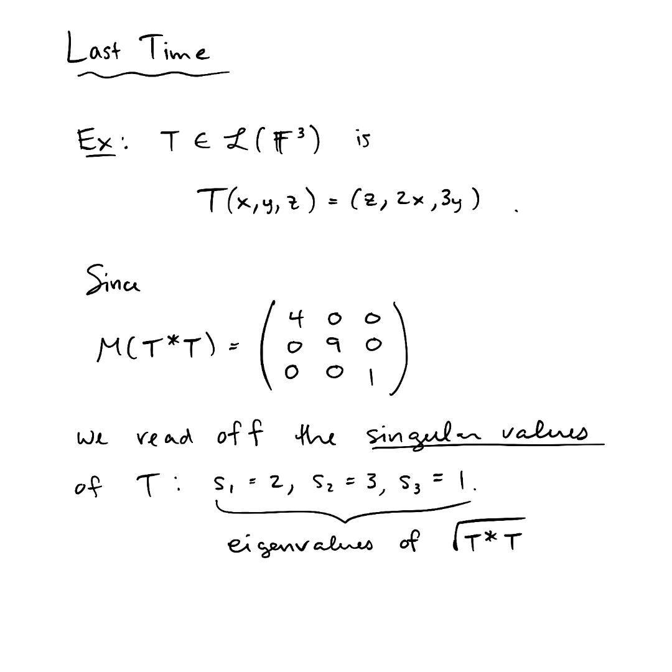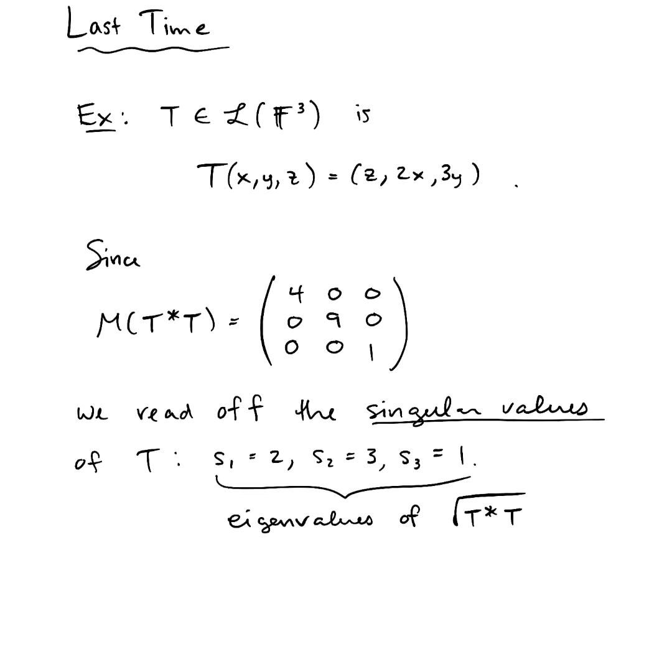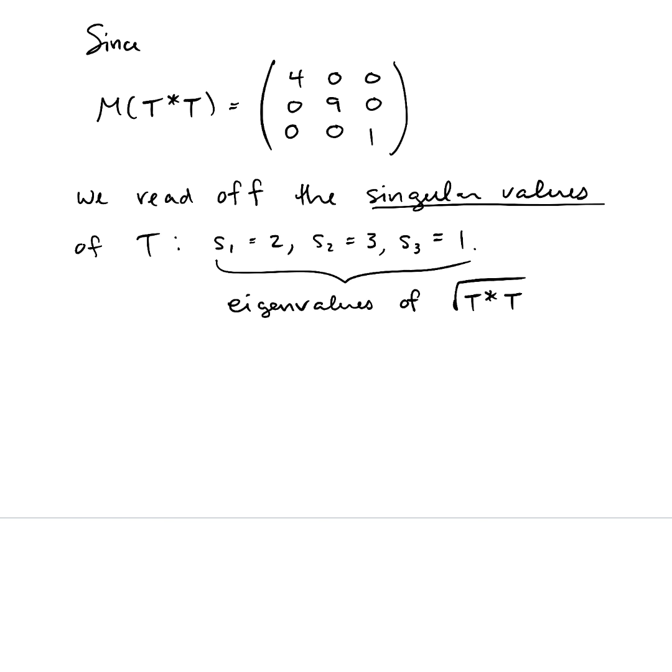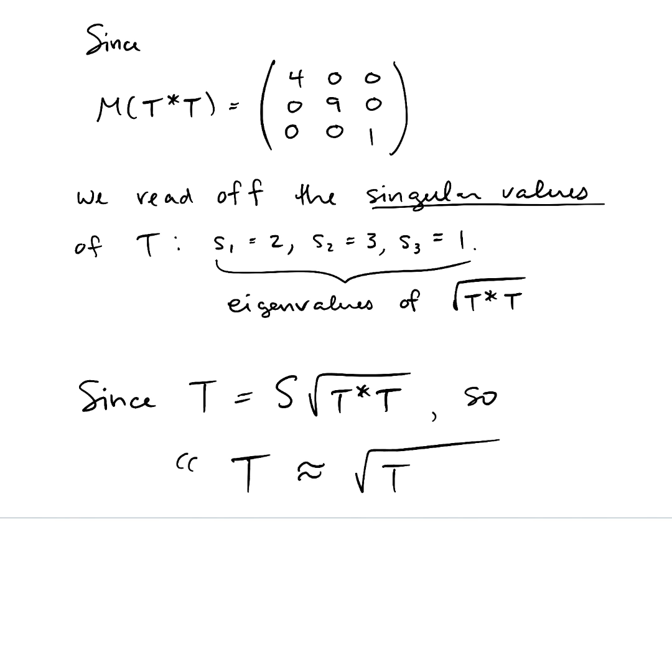So it's not exactly T that we're looking at, but at the same time, T is definitely an isometry times root T star T. And in that sense, T is really similar to the operator root T star T. I mean, it's only off by an isometry.